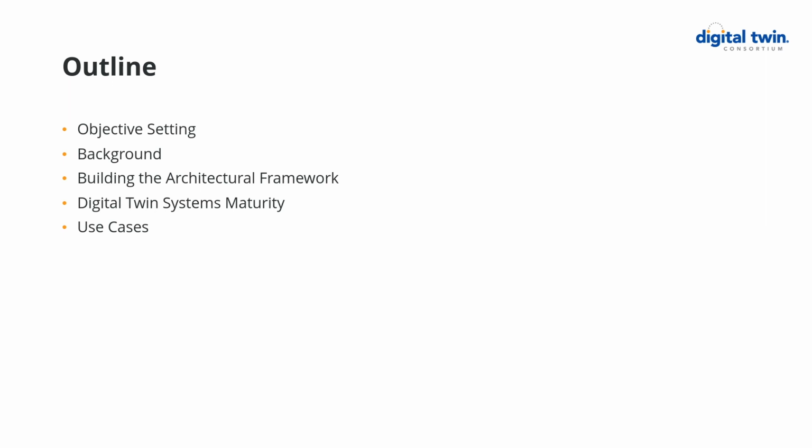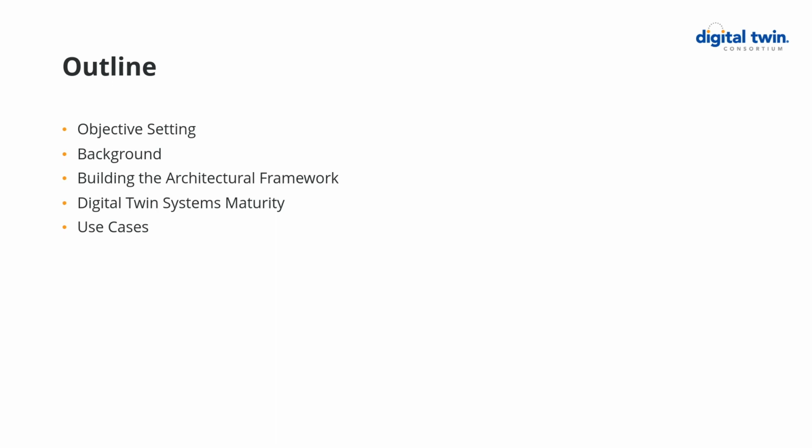We're then going to touch on some of the things at the end of the paper around digital twin systems maturity and some of the use cases, hinting at the next steps and the future direction where we see digital twins moving, but also the adoption of digital twins.